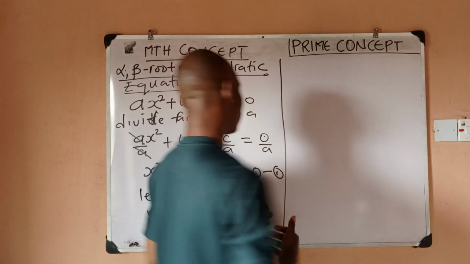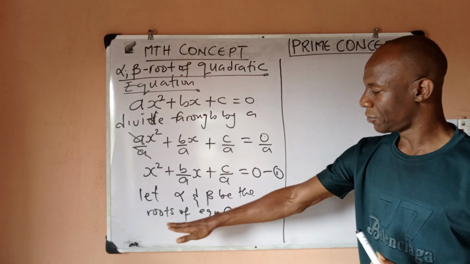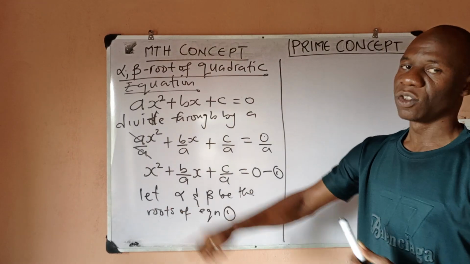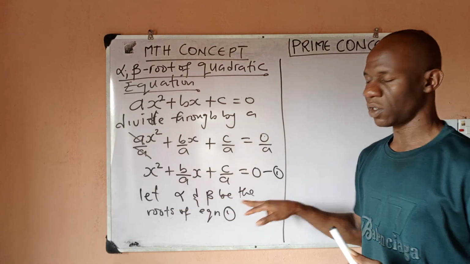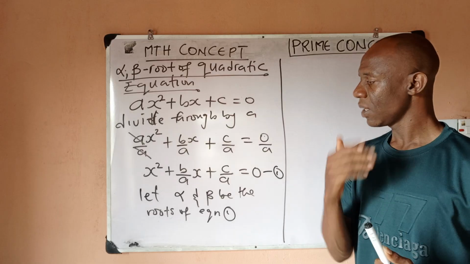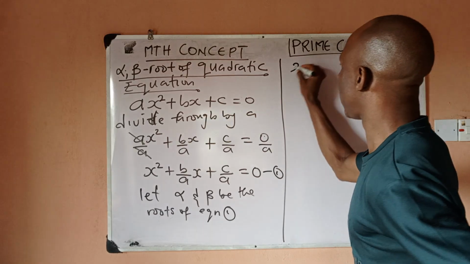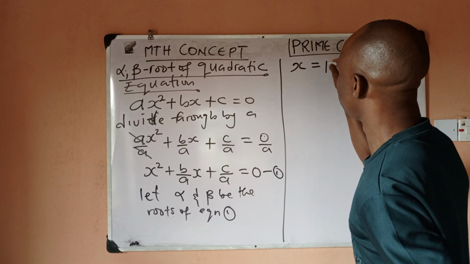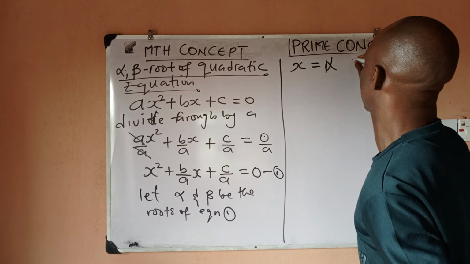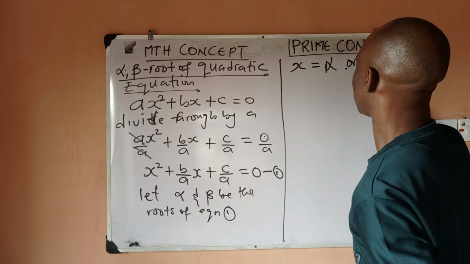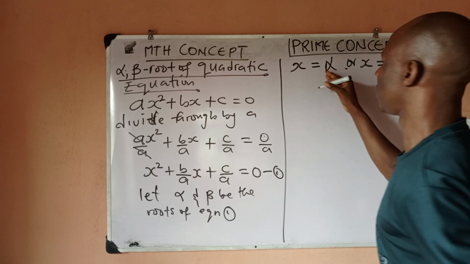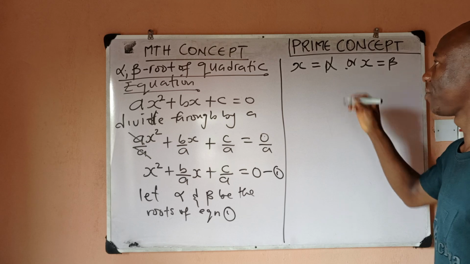Now, one of the things we want to know is that I can form a quadratic equation by knowing the roots. If I know the roots of a quadratic equation and I want to form that quadratic equation, one thing I would know is that x has one of the values to be alpha, or x has the other value to be what? Beta, since these are the two answers we have.